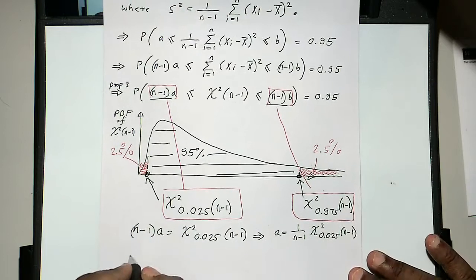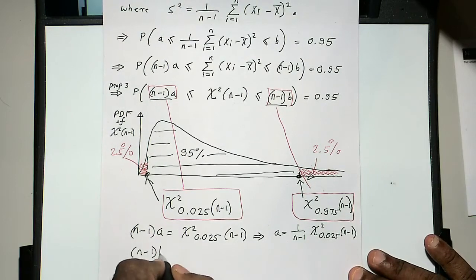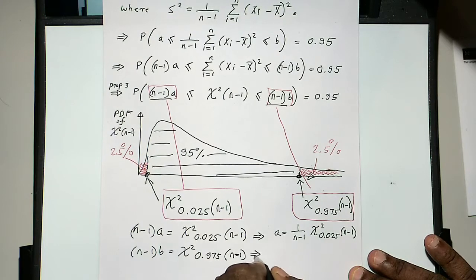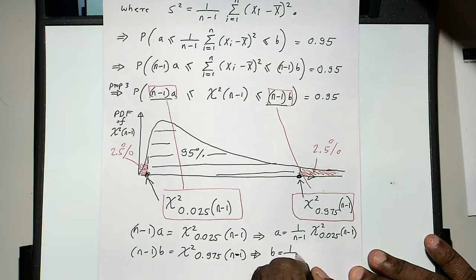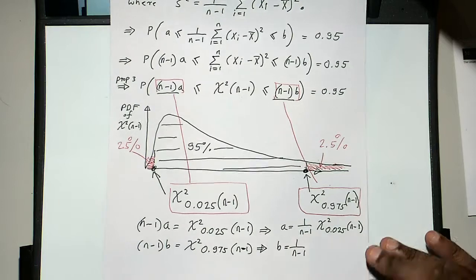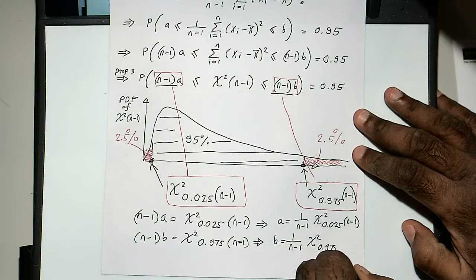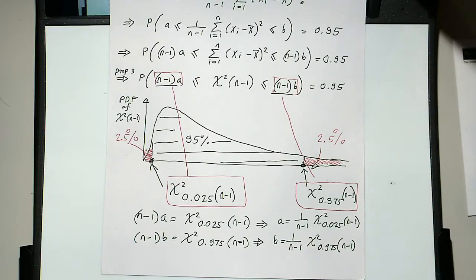And similarly, n minus 1 times B. Right? Okay, so is that clear, guys? So this is the answer to example number 2, right? You okay?